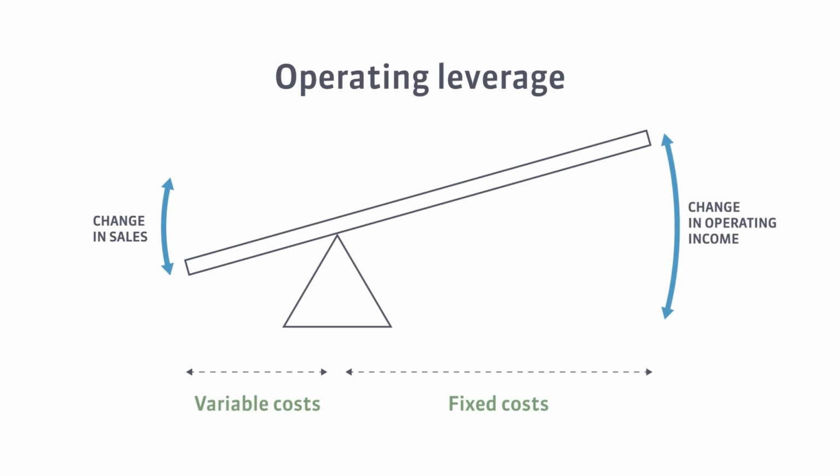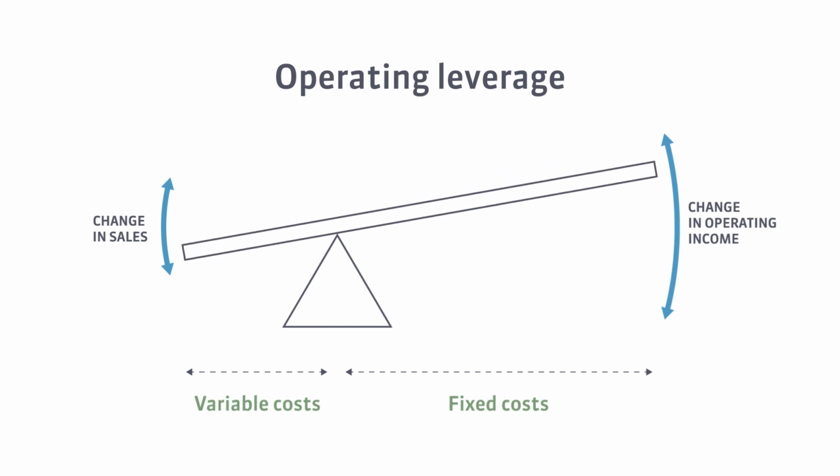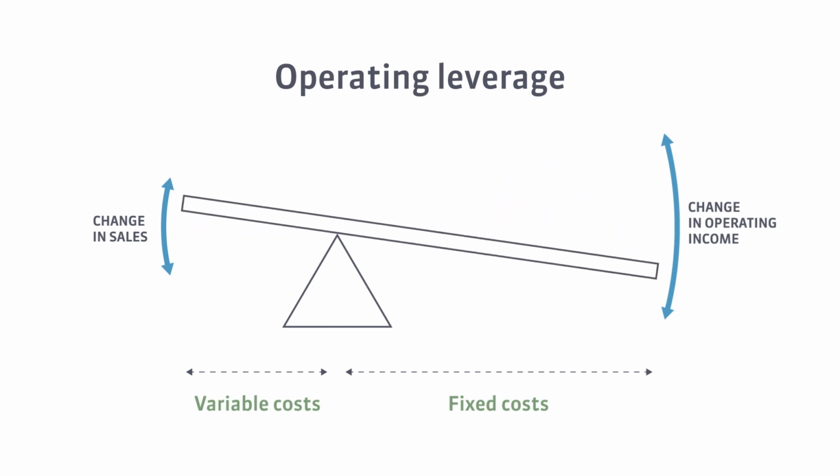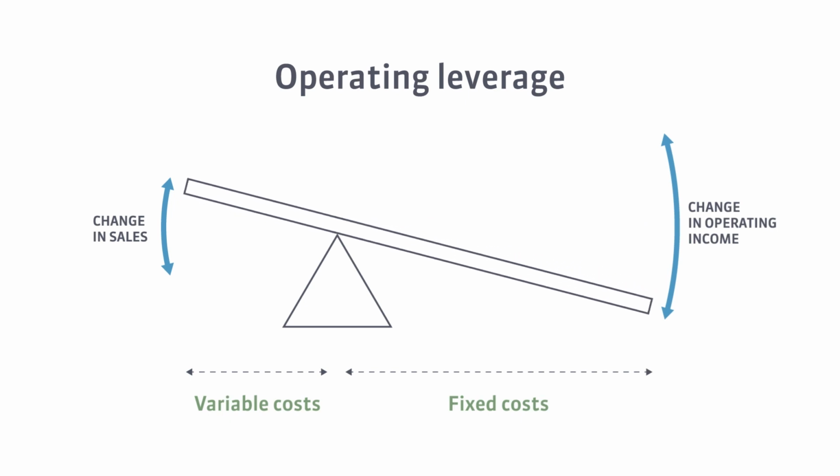It means that companies with a higher operating leverage will also experience greater reductions in operating income as sales decrease. For this reason, the mix of costs that an organization chooses can have a considerable influence on its operating risk and profit level.